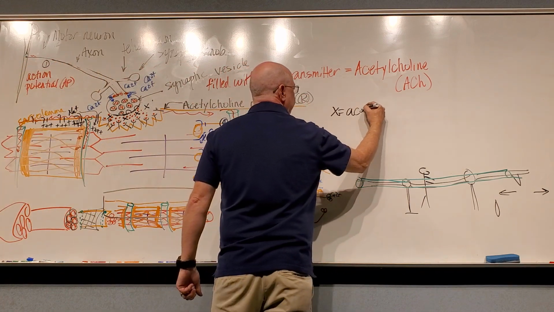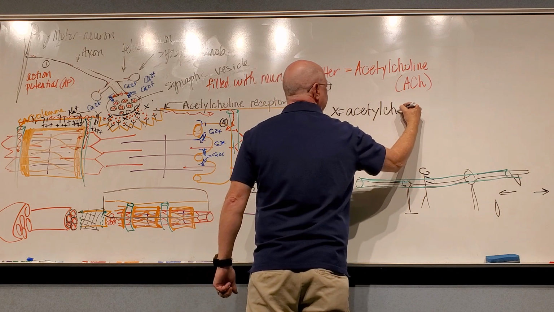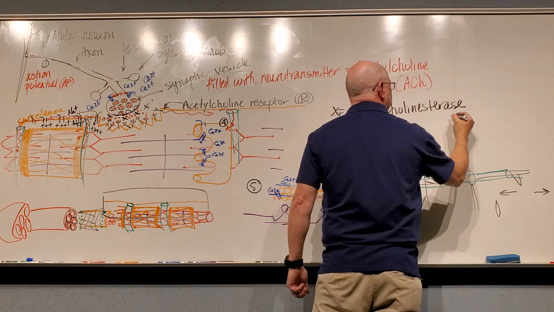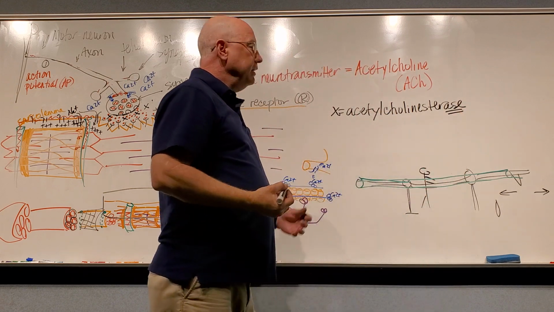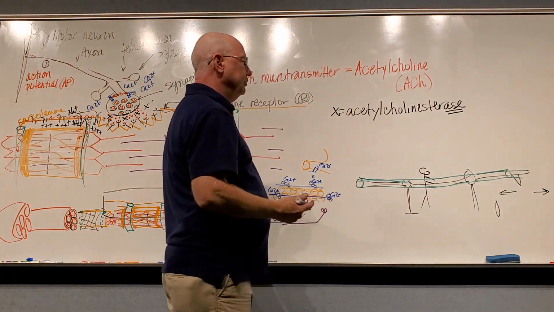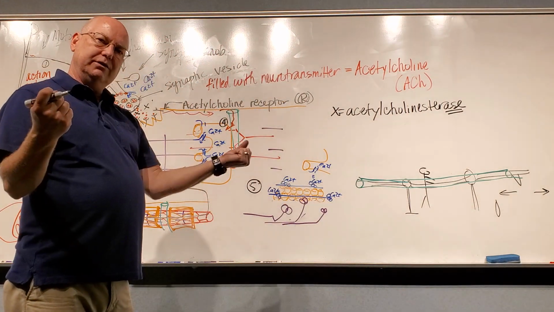They represent a molecule called Acetylcholine Esterase. It's an ACE, it's an enzyme that happens to break down acetylcholine. It breaks an ester bond in the molecule, breaking it into acetate and choline.